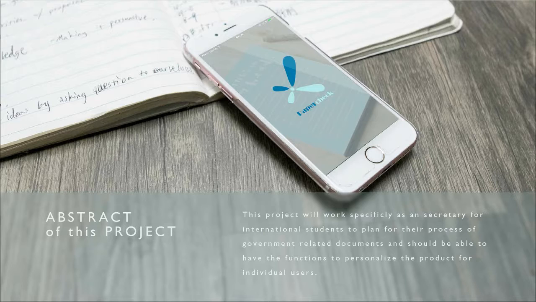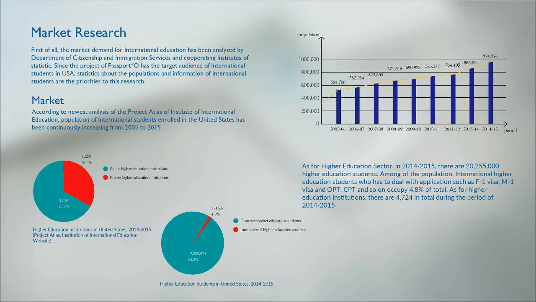As a solution, this project will work specifically as a secretary for international students to plan for their processes of governmental related documents and should be able to have the functions to personalize the product for individual users.